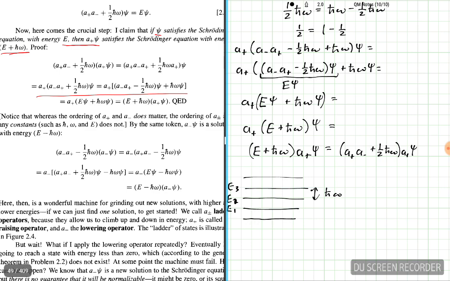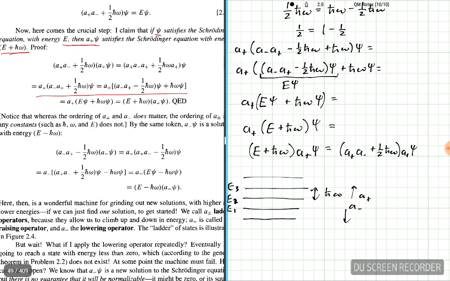So this energy landscape looks like a ladder. If I apply an A plus operator, I go up one ladder rung. If I apply an A minus operator, I go down one ladder rung.